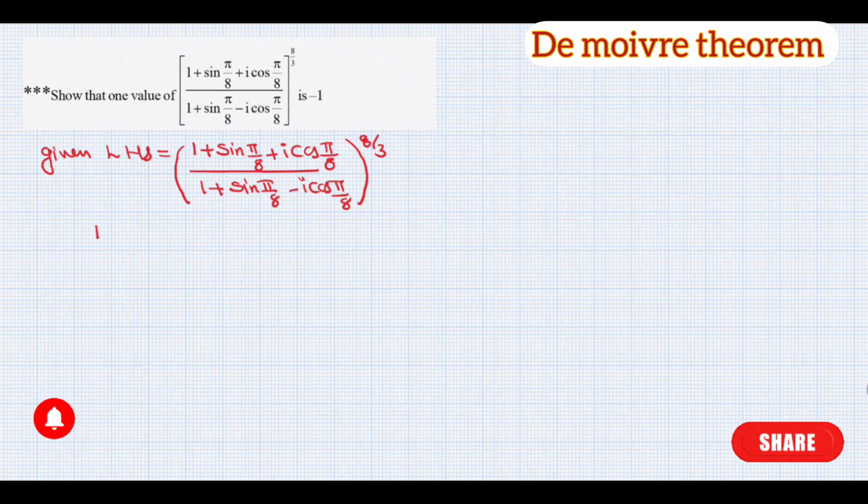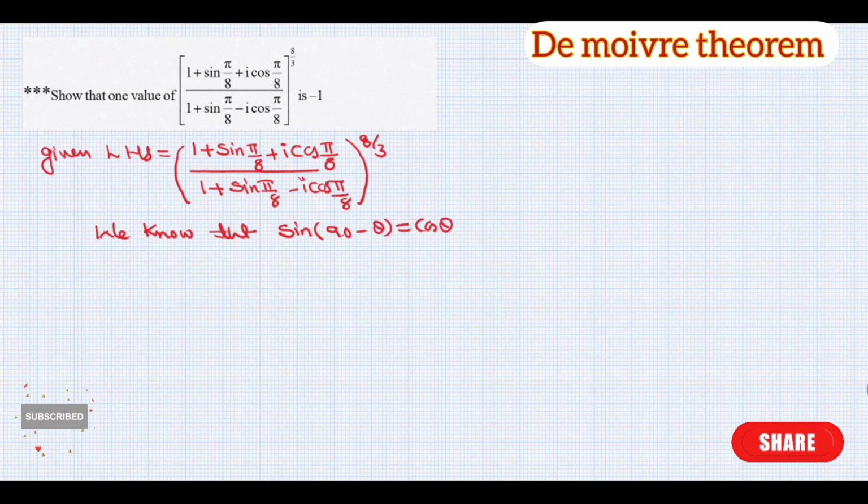Okay, we know that sin(90 − θ) is equal to cos θ, and cos θ is equal to sin(90 − θ), and cos(90 − θ) is equal to sin θ. Then sin θ is equal to cos(90 − θ).